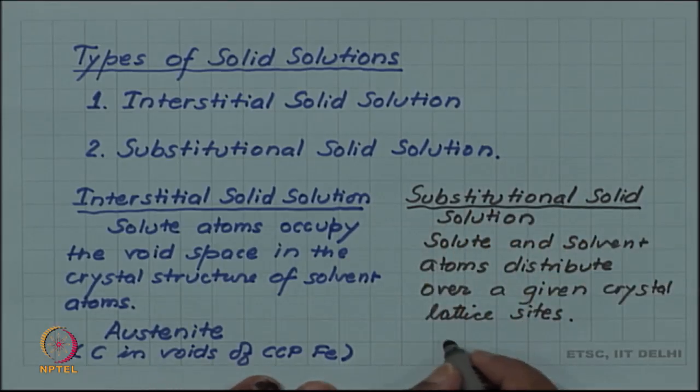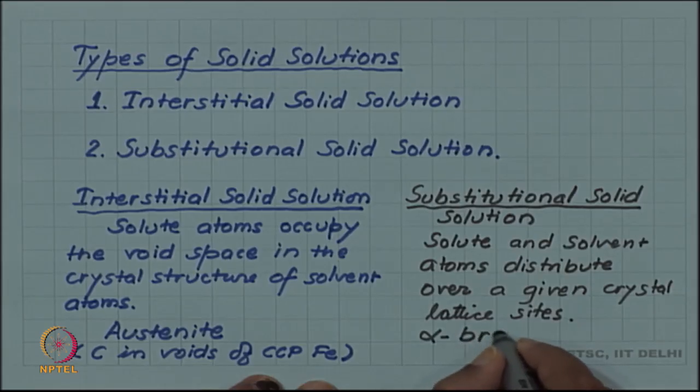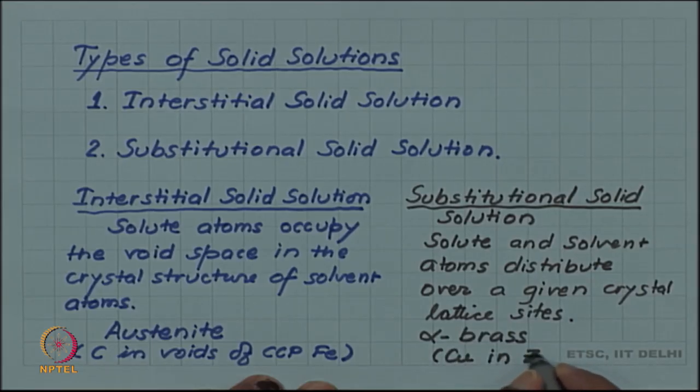And here our example will be alpha brass, copper and zinc.